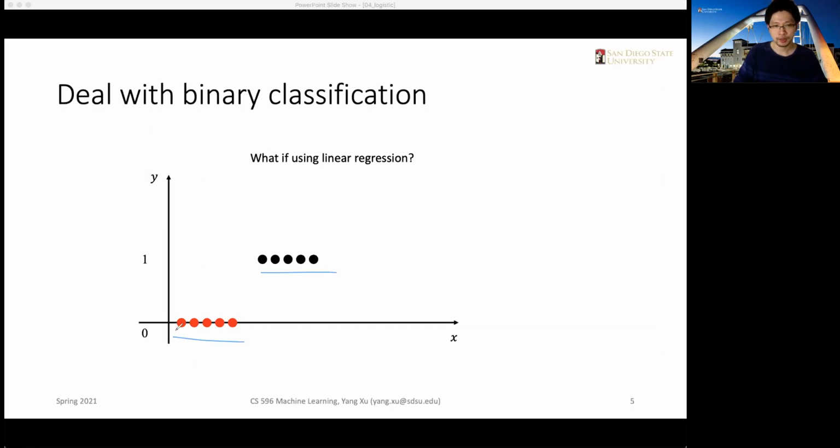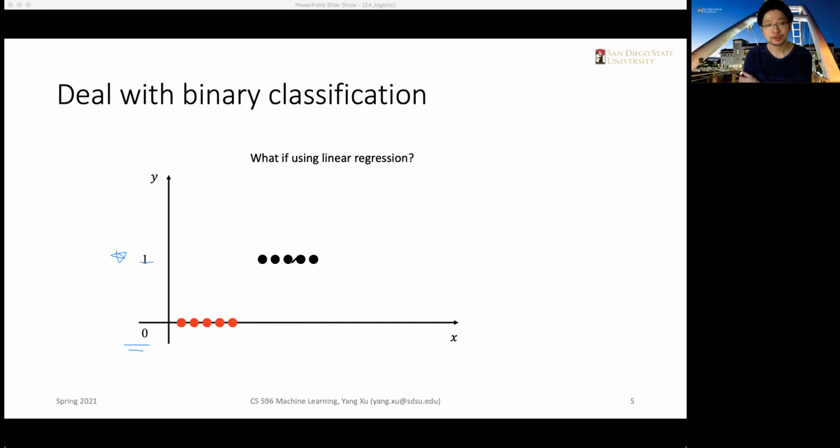The 0 means salmon, and the 1 with black dots indicates sea bass. So these two kinds of fish, we have the data available now, and there are 5 salmon and 5 sea bass in our training data set.